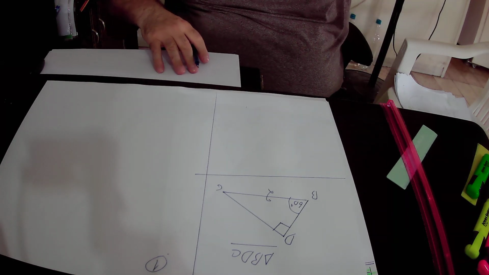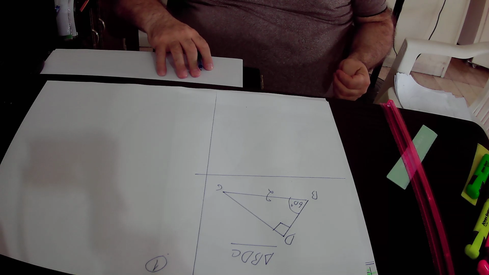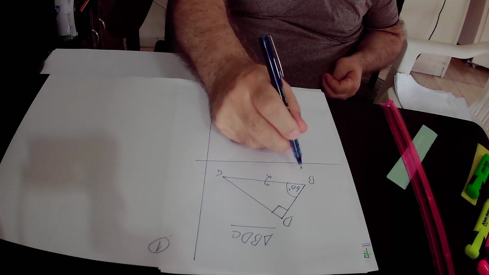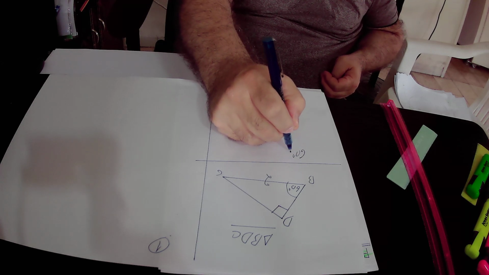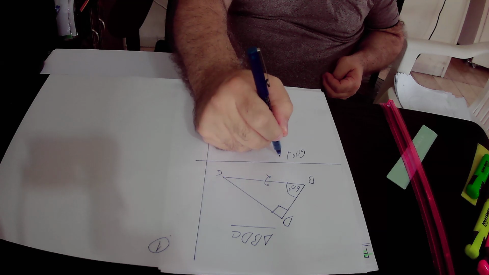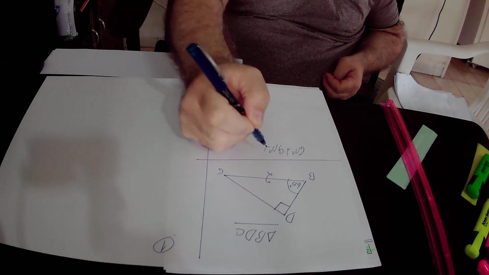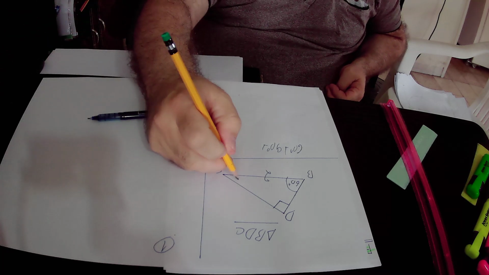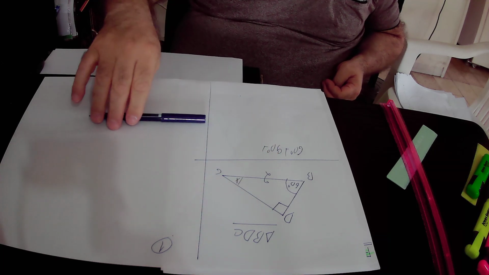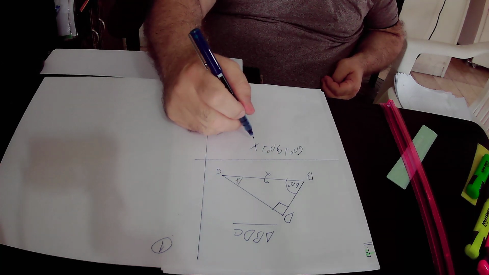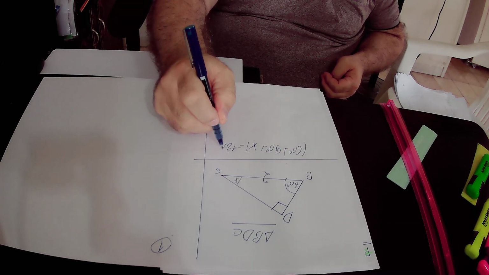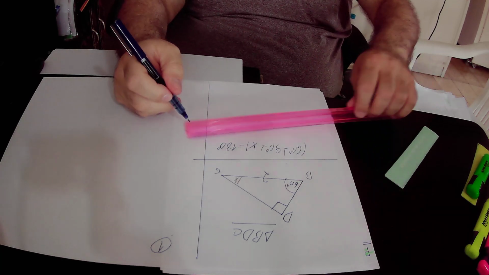We know that the sum of the angles in the right triangle, triangle BDC, must be equal to 180 degrees. So which angles do we have in triangle BDC? We have this angle that is equal to 60 degrees, plus this angle that is equal to 90 degrees, plus this angle that is a missing angle. So we define the missing angle as x. The sum of those three angles must be equal to 180 degrees, according to the rule that the sum of the angles in any triangle is equal to 180 degrees.